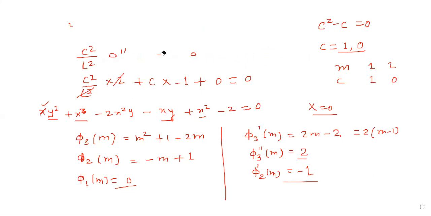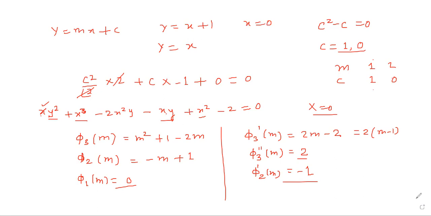So two asymptotes will be: when m is 1 and c is 1, y equals x plus 1. And when m is 1 and c is 0, y equal to x. Now, one asymptote we have already found, that was x equal to 0.